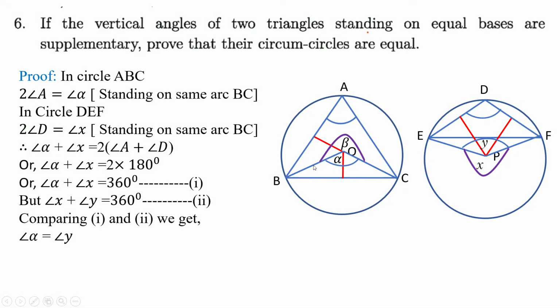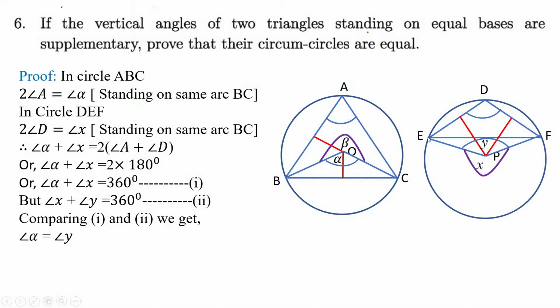In the circle ABC, you can see that angle BAC, that means angle A, and angle BOC, that means angle alpha. Here angle A is the inscribed angle and alpha is the central angle. We know the central angle is twice the inscribed angle, so twice A equals alpha, standing on the same arc BC.